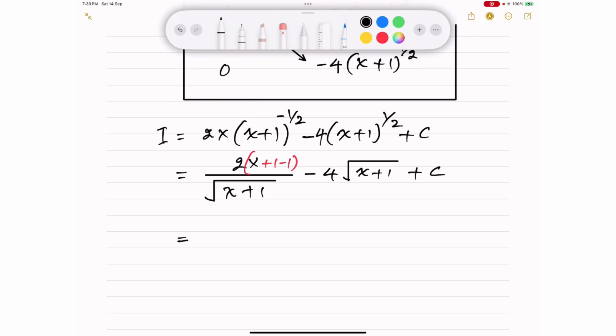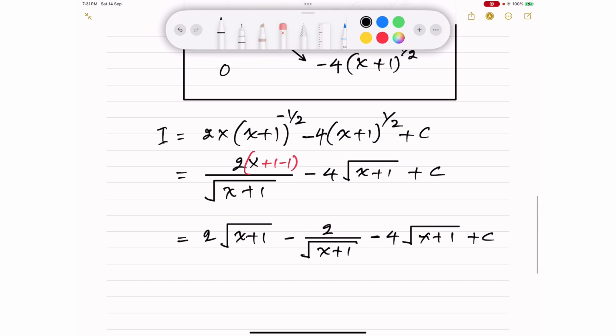So let's see what that gives us. The first one is going to give us twice (x+1) divided by the square root of x plus 1. That's going to give us (x+1) to the power half, which is the square root, basically. So we can write it as a square root. That's the first term. And the second one is going to give us negative 2 divided by the square root of x plus 1, negative 4 multiplied by the square root of x plus 1, plus c.